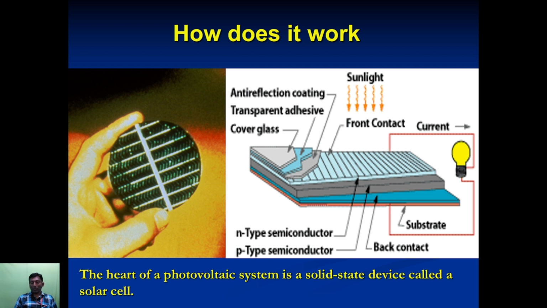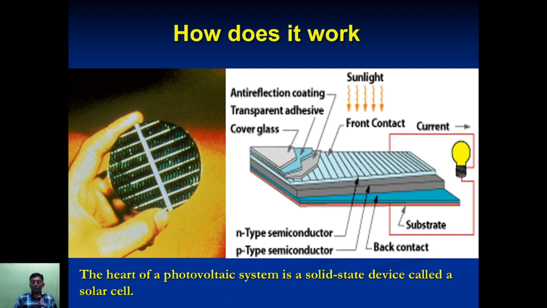It absorbs perfectly. Then there is a transparent adhesive inside the panel, and an outer cover glass is also available. The sunlight strikes the front contact, and inside we have two different types of semiconductors, N type and P type, and there is a back conductor also, and a PN layer.